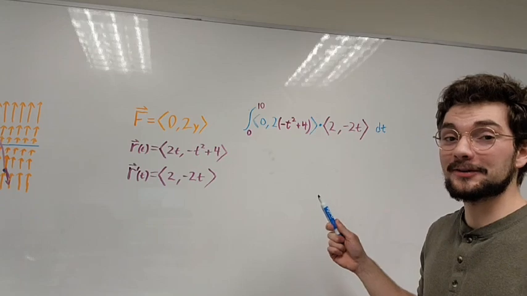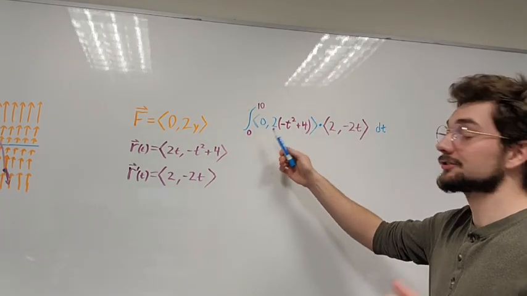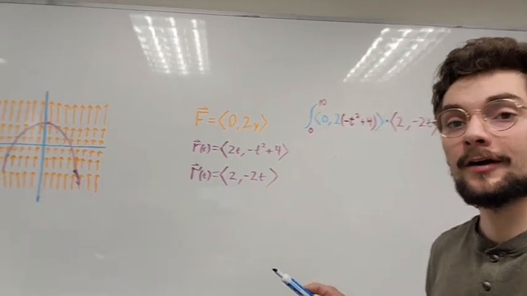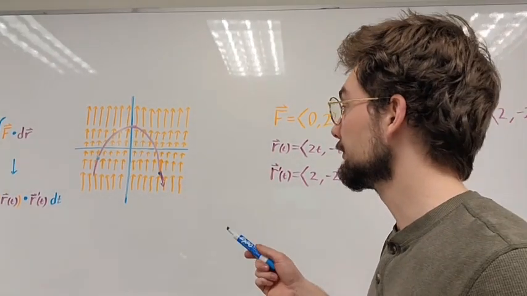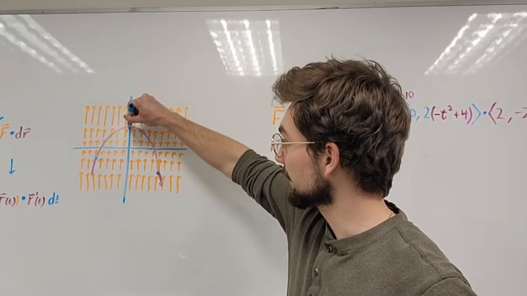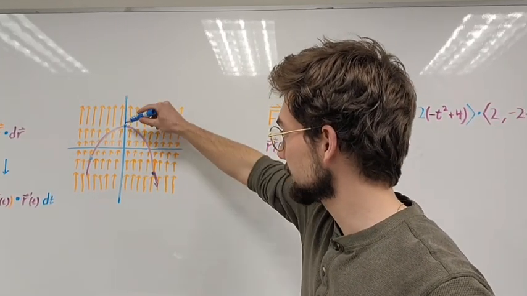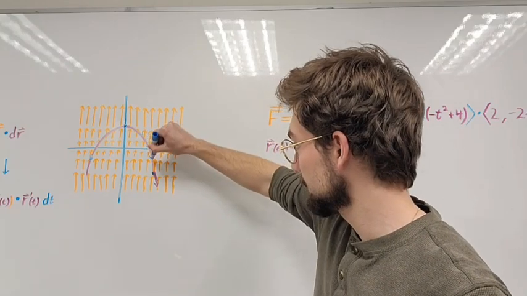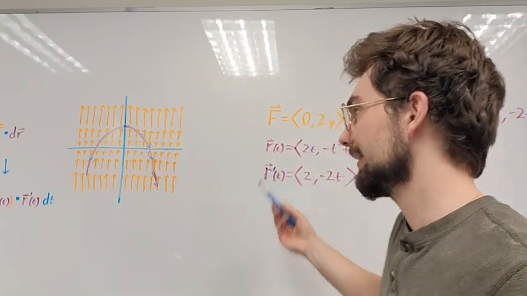I did also decide to just arbitrarily integrate from 0 to 10, which on our vector field, or our line, would look something like this. So from here down to somewhere like that.